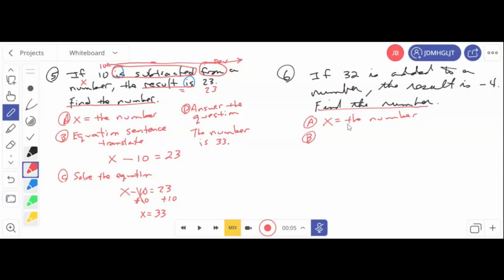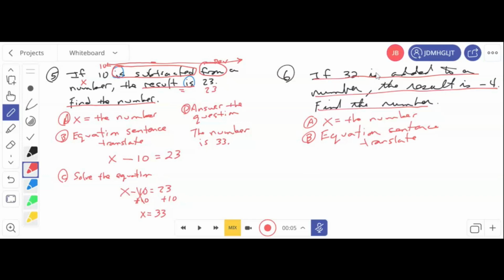So then we find the equation sentence. If 32 is added to a number, the result is -4. So we translate.